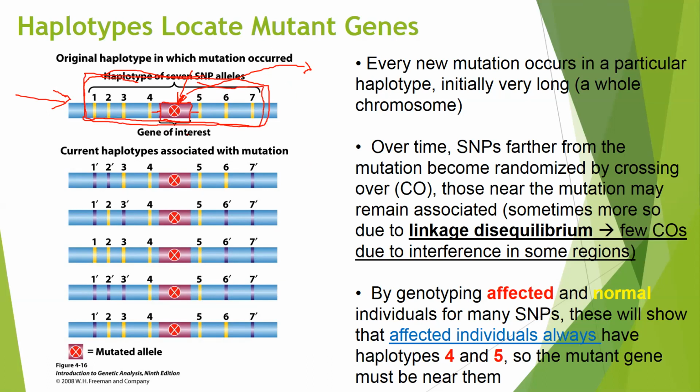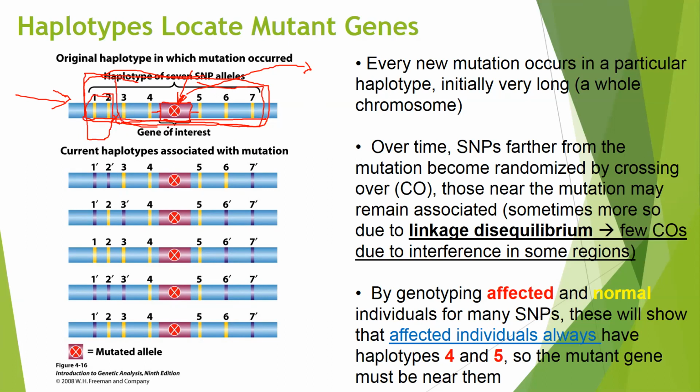Now, when the kid also has a kid, maybe there's a crossover occurring here. Then probably these two markers will be changed, but this region will remain the same. So this is the first generation, and then the next generation.